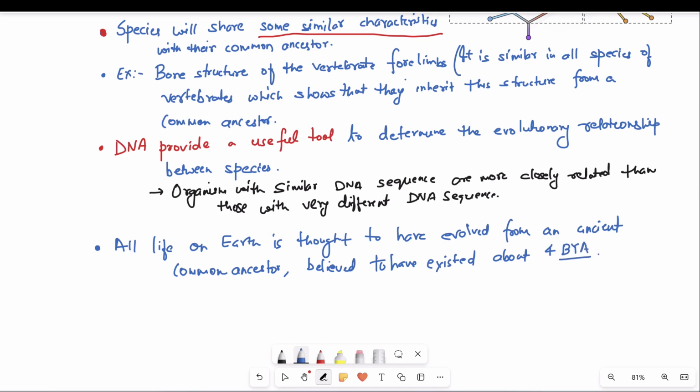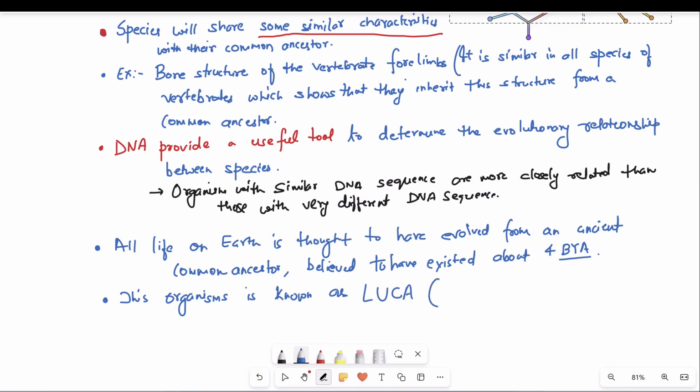And if you see, the organism is known as LUCA, right? So this organism, which we are calling the ancestor, is known as LUCA.